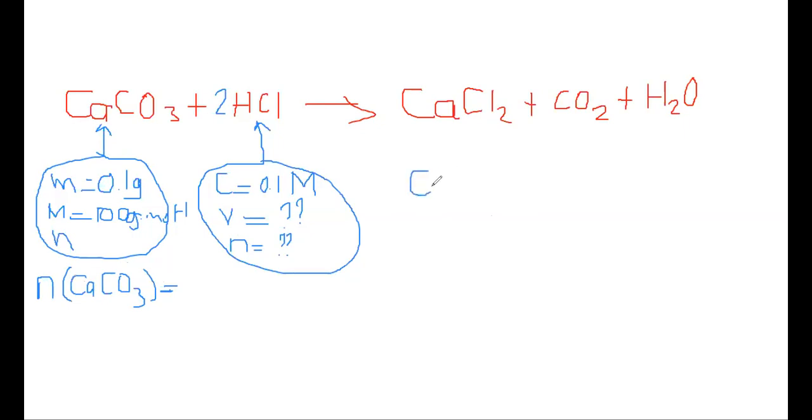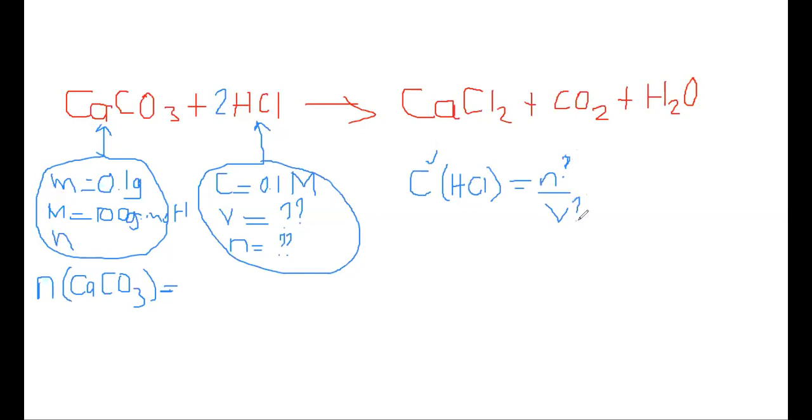Which concentration is this? It's going to be the concentration of HCl is equal to number of moles over volume. Do we have concentration here? Yes. Do we have number of moles here? No, we don't have this. Do we have volume? No.